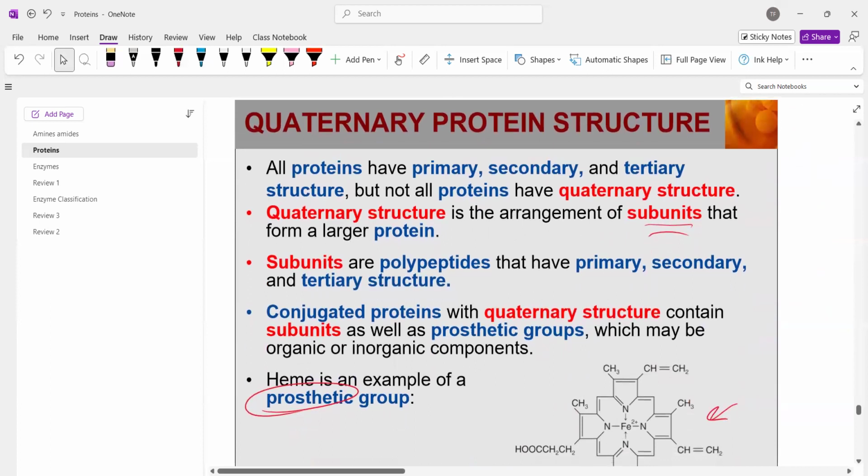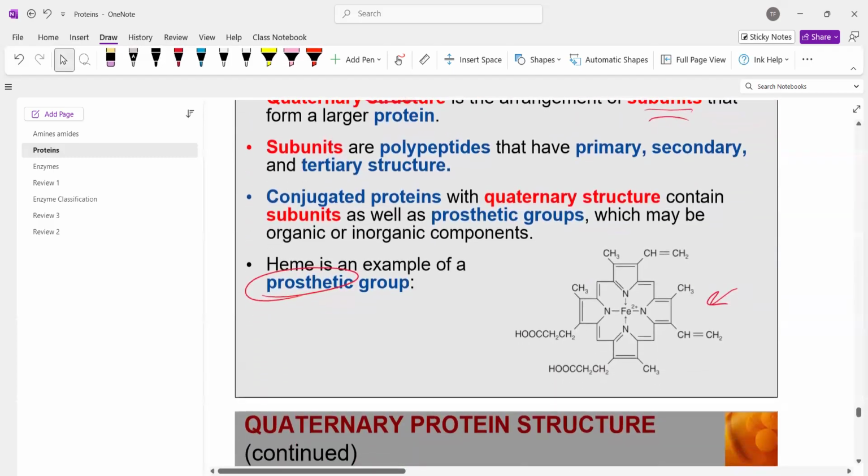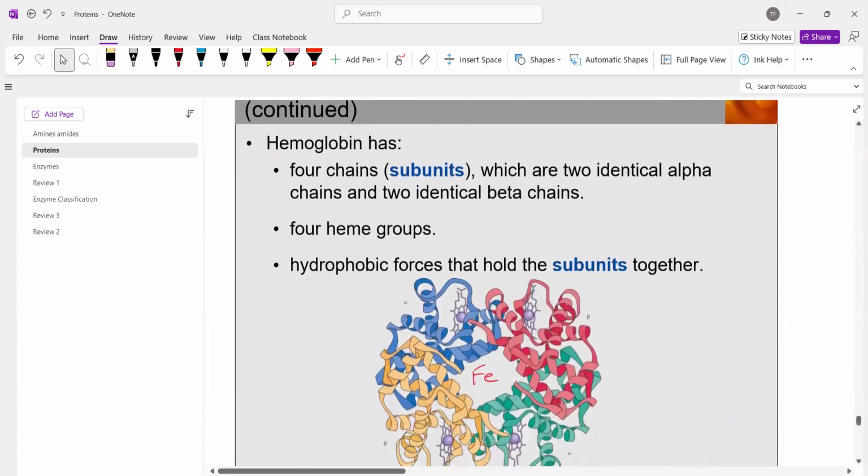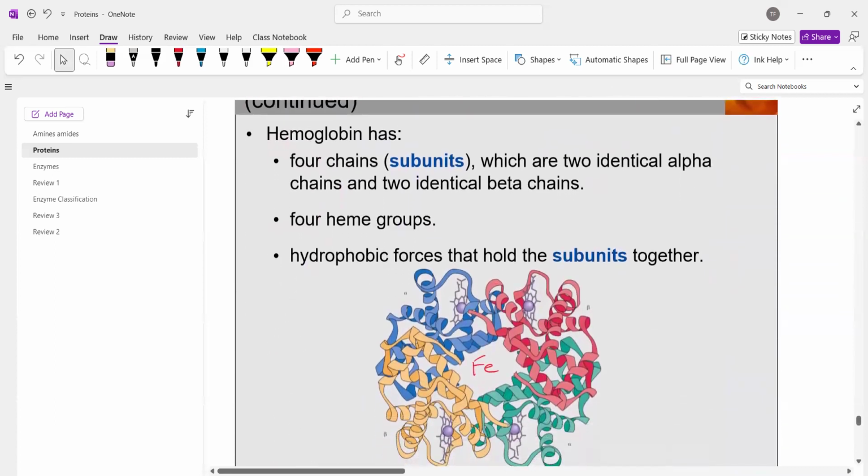So we have primary, secondary, tertiary, and quaternary structures. Not all proteins have all of these. Some of them are only primary, some are primary and secondary, some are primary, secondary, tertiary, and some of them are primary, tertiary, quaternary. Just depends. Okay, so for example, hemoglobin.